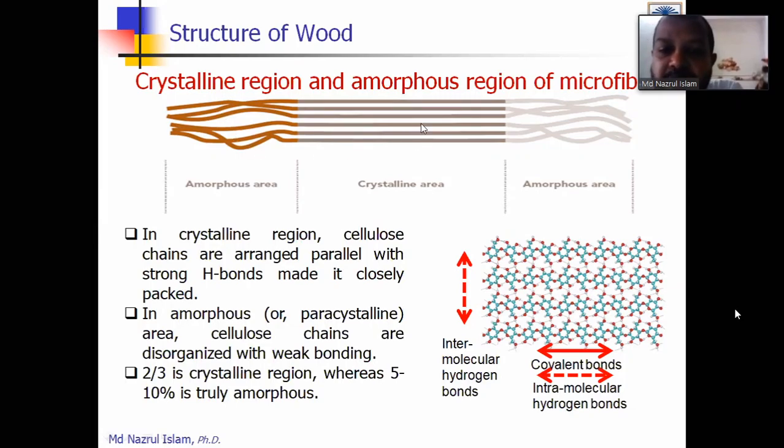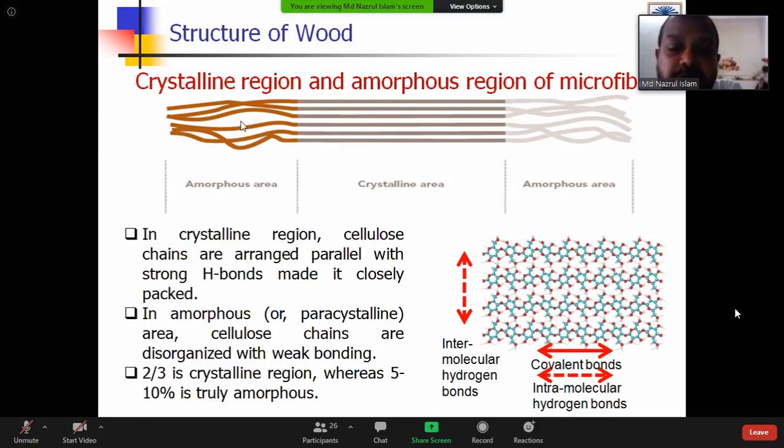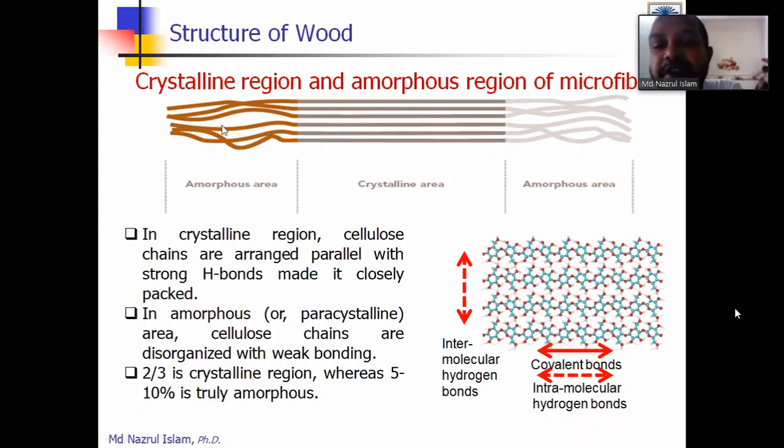In the crystalline region, there is a stronger bond between two different cellulose chains, so it doesn't have the affinity to water. Earlier you studied that the amorphous region has the affinity to water, it likes water. That affinity comes because there is irregular bonding, and the bonding is not stronger.